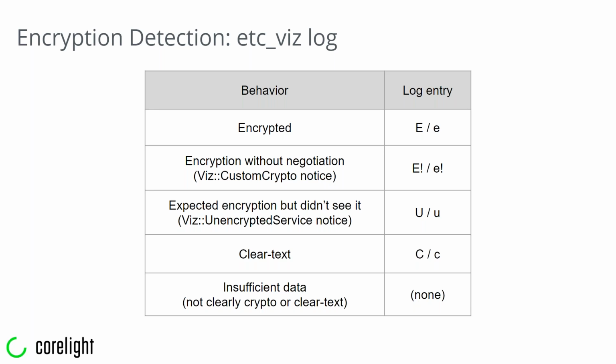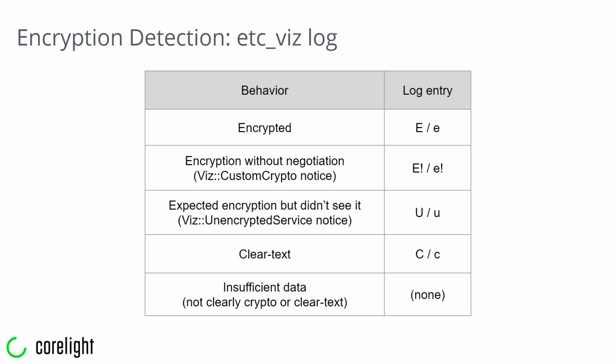So to take a moment, if you're familiar with Bro or Zeek or Corelight's history field in the conn log, our connection log, this will be a little more comfortable for you, but if you're not, we'll still walk through it and explain why. To start with, you'll notice log entries have an uppercase or lowercase.